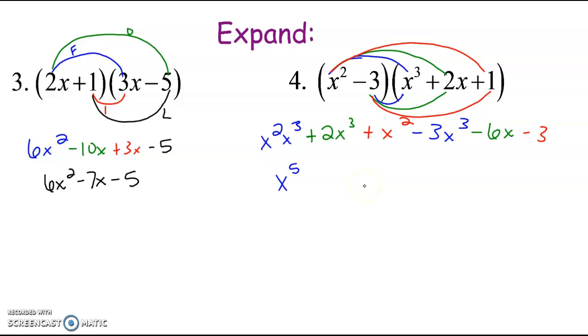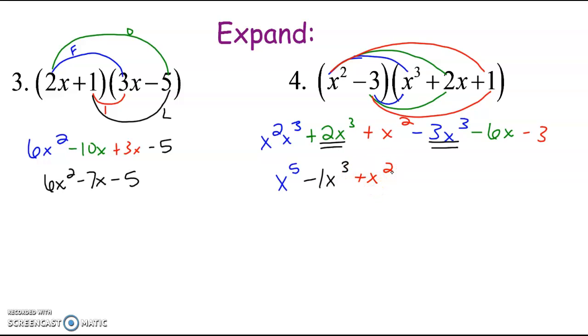Okay, there's no x to the 4th, so we're going to skip the x to the 4th term. X cubed, there's 2 of those, so we have a 2, and we have -3, so it'd be minus 1x cubed. All right, there's only 1x squared, so just leave that one how it is.